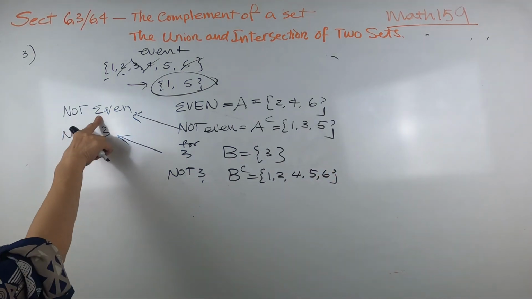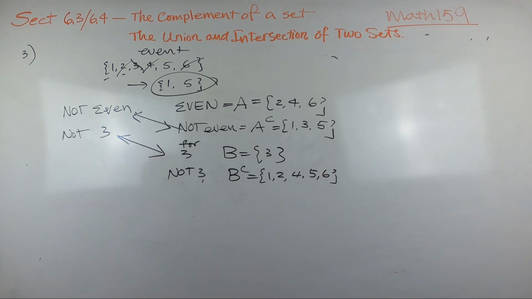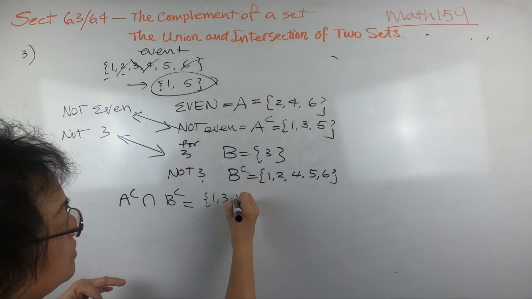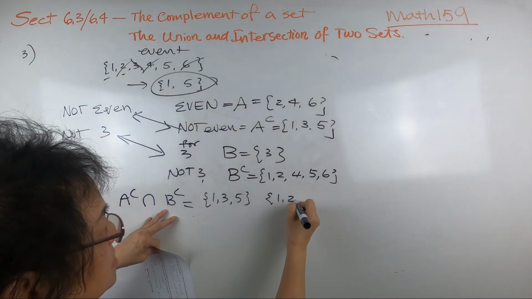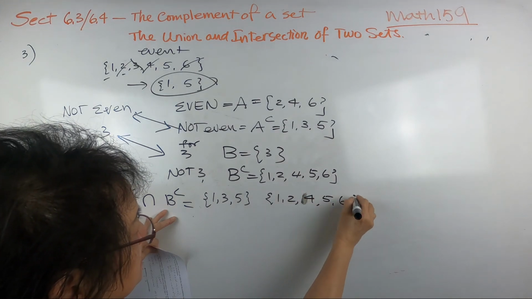Then we say not even, not 3. So we want these two conditions. That means A complement and B complement. A complement is 1, 3, 5. Then B complement is 1, 2, 4, 5, and 6.